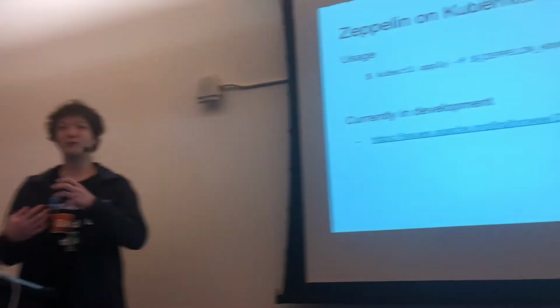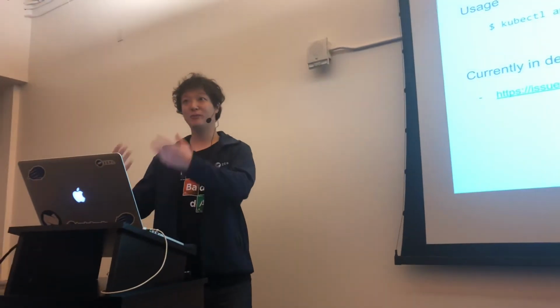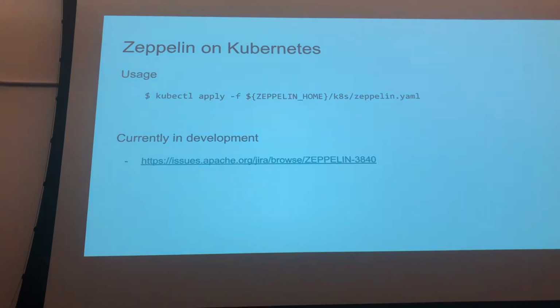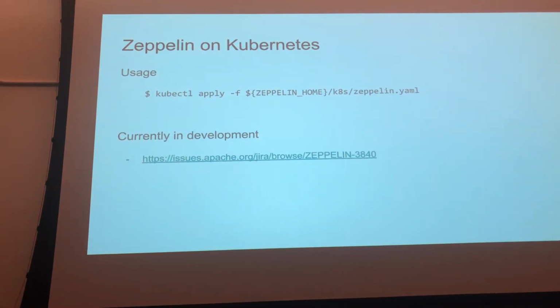You can provide a design, you can provide an implementation, you can just provide a use case. You can participate in the community and work together. So if you are interested in making Zeppelin run on Kubernetes, this is where you can check and jump in.